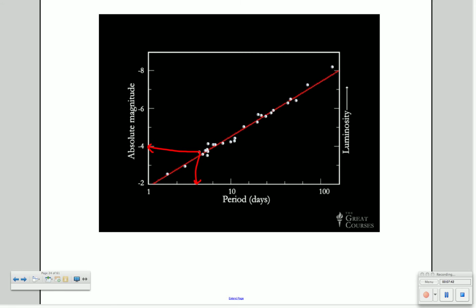And once we know the absolute luminosity and the apparent luminosity, the difference between those two actually tells us the distance to the star by using this formula. D is the distance to that star.